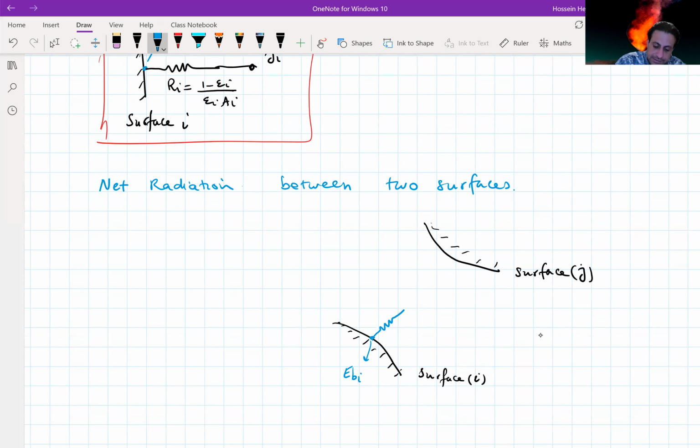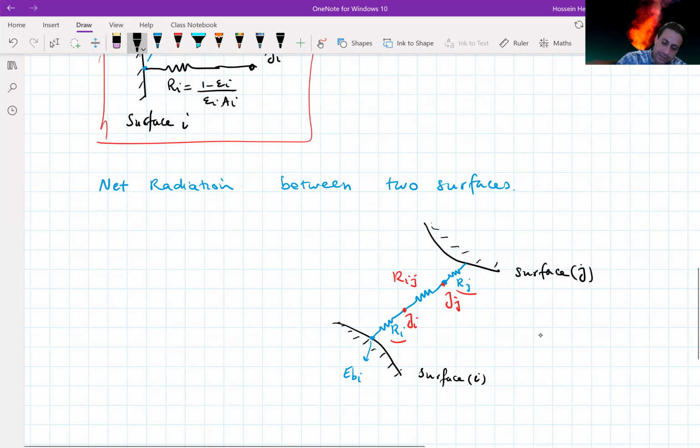There is this resistance here, Ri, then another resistance because of the view factor and geometrical concentration, and another one which is Rj. So here is Ri, this node is Ji, this node is Jj, and this resistor is Rj, and this one is Rij.